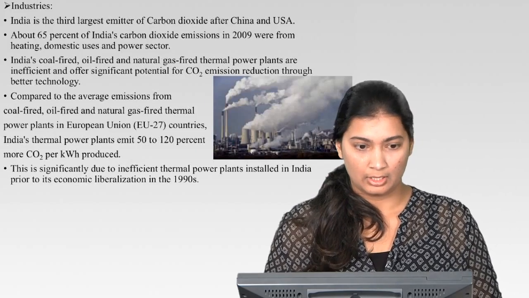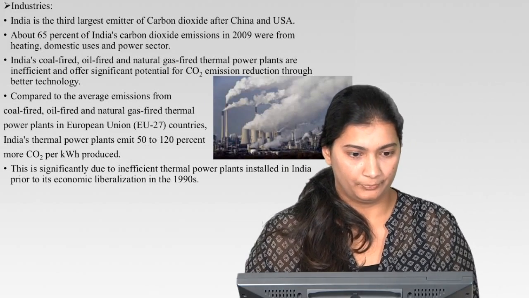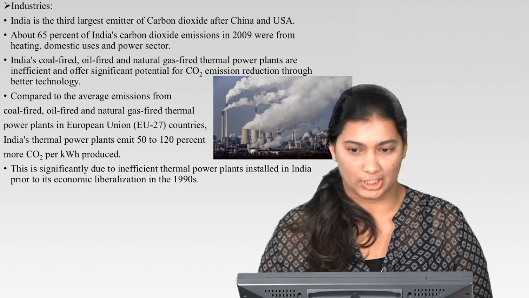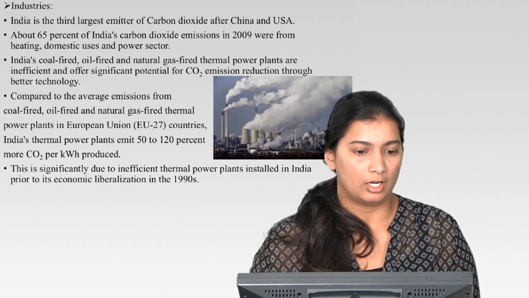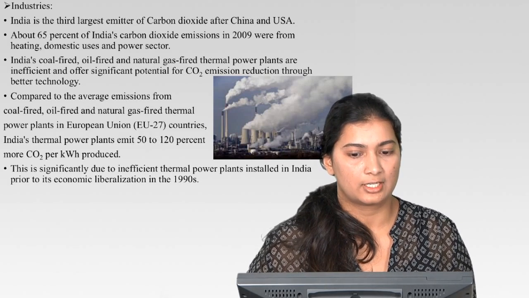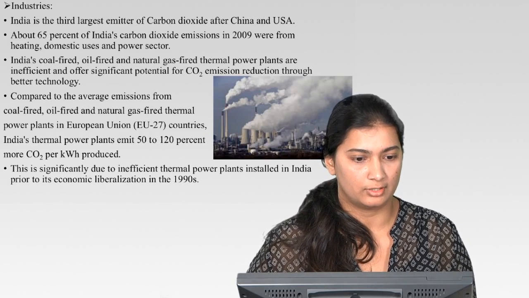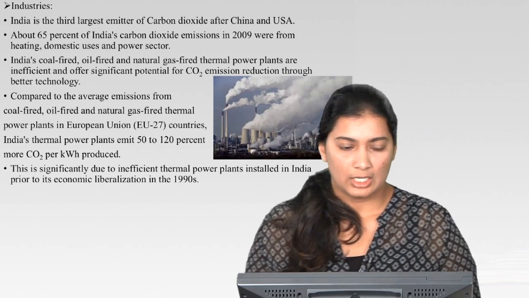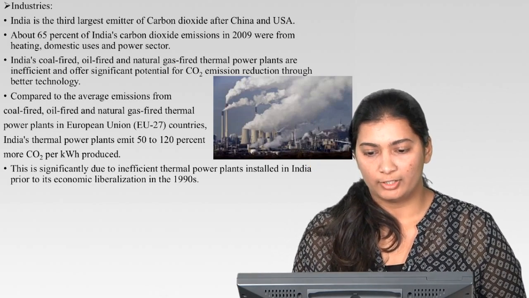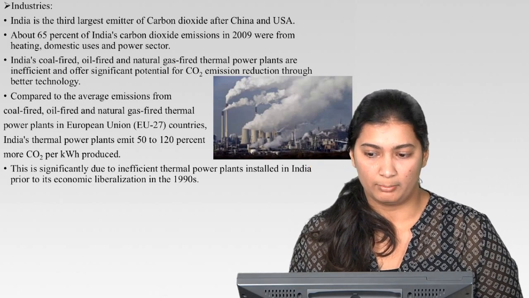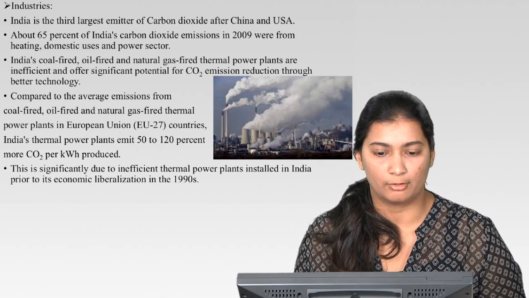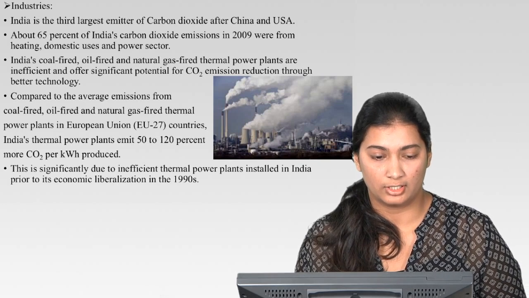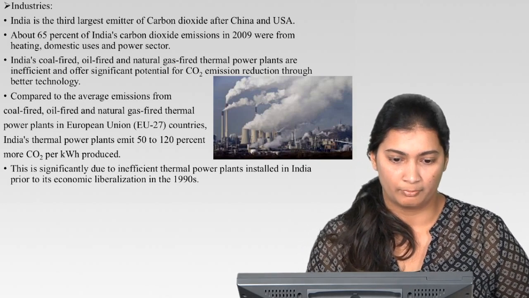So the next is industries. India is the third largest emitter of carbon dioxide after China and USA. About 65% of India's carbon dioxide emissions in 2009 were from heating, domestic use and the power sector. India's coal-fired, oil-fired and natural gas-fired thermal power plants are inefficient and offer significant potential for CO2 emission reduction through better technology.